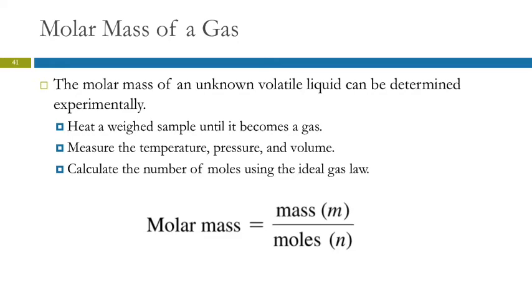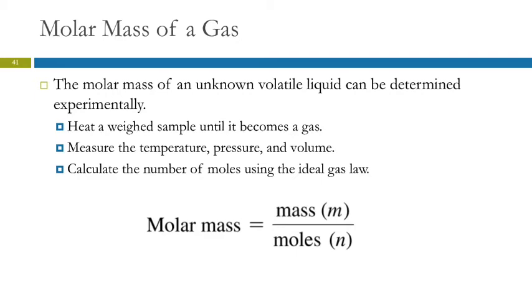So molar mass. For a liquid that's volatile, meaning it will evaporate easily at a low temperature, we can actually determine its molar mass experimentally by converting it into a gas.